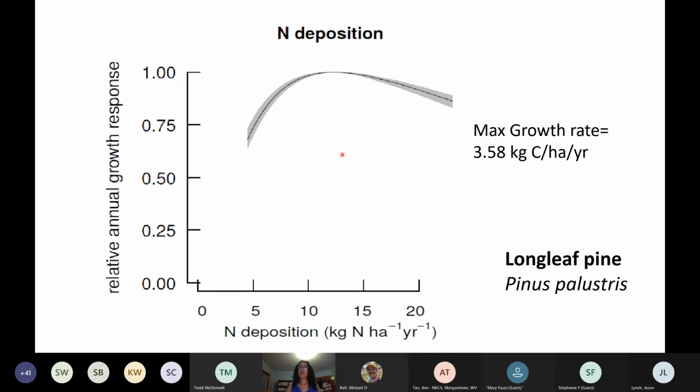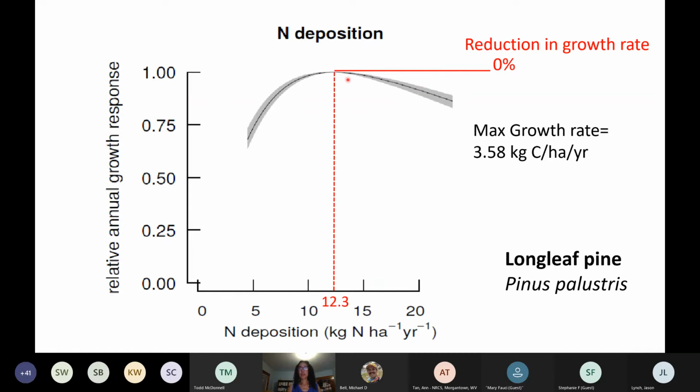So I just want to also point out that this point is the critical load here, and when you're above the critical load, the growth rate is declining. But just to be clear, the tree is still growing. It's just growing at a rate that is slower than what it was before the deposition increased over that level.